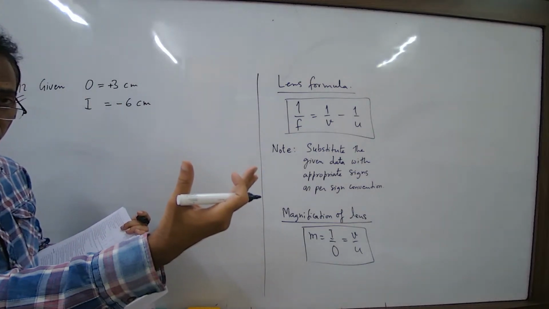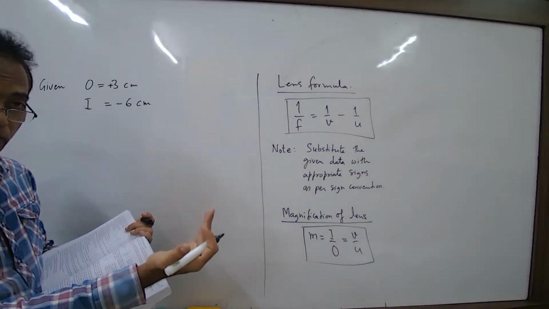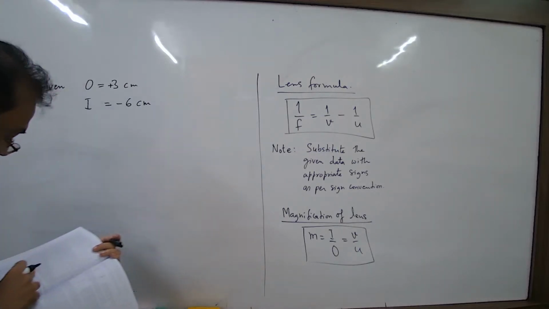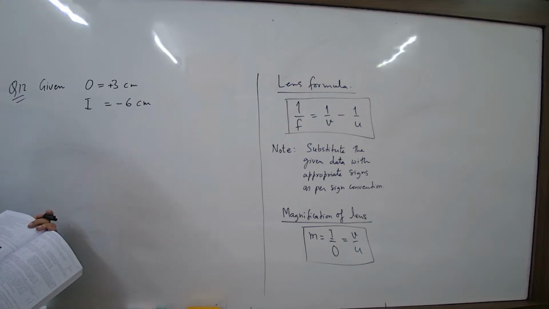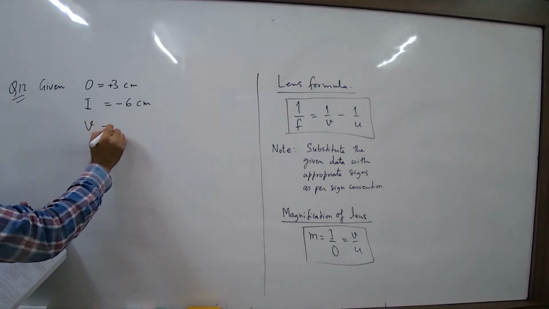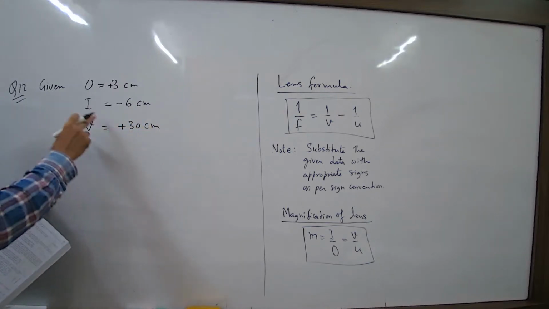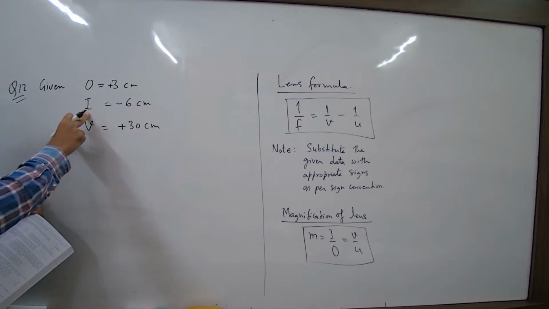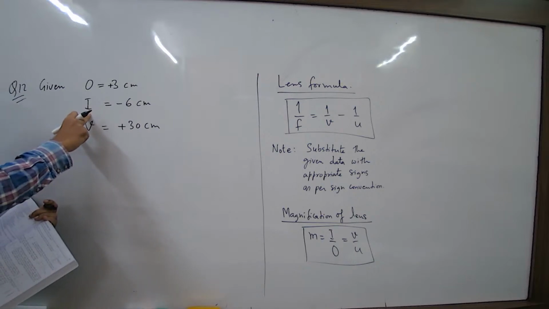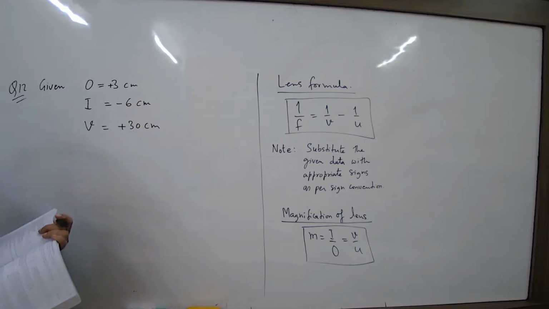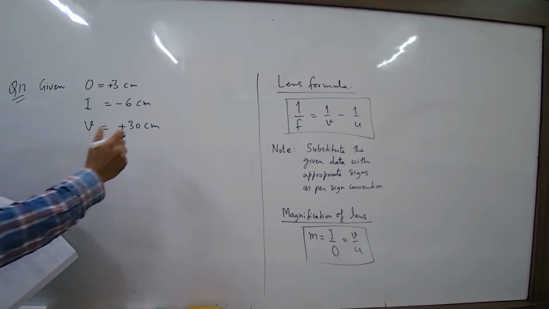It is bigger, so it could make a bigger image in front of the lens also. But what is given? It is obtained on a screen placed at a distance of 30 centimeter behind the lens. Therefore, V is equal to plus 30 centimeter. Is it clear? If it is behind the lens, that means the image has to be inverted, so it should be minus 6, below the principal axis. This is what I was saying. You have to pick the right sign. So the image is of real nature.